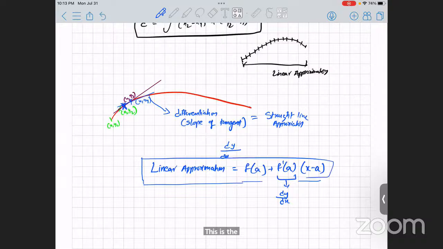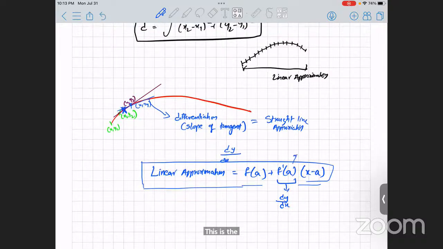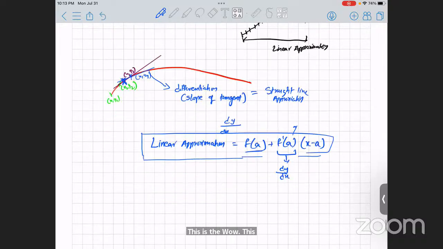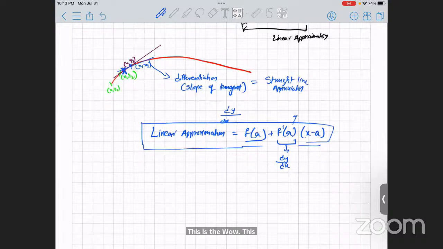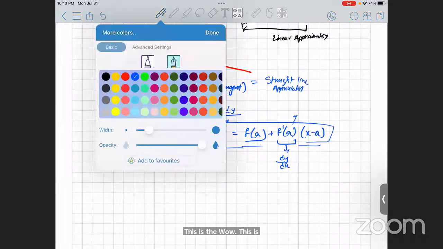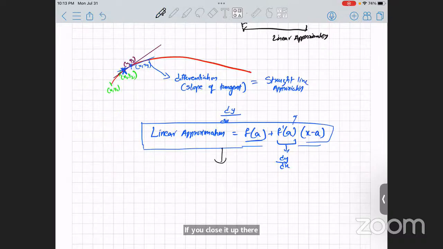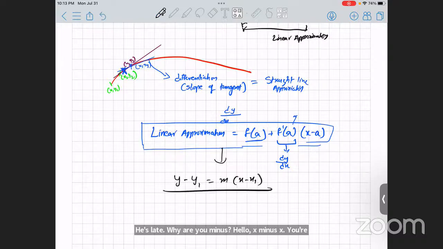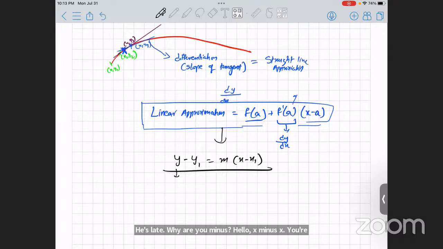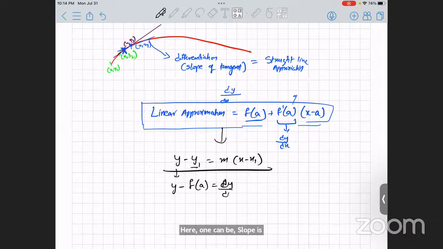This is the slope, this is the y value. If you closely observe, it is like y minus y1 equals m into x minus x1. Here y1 can be written as f of a, the slope is dy by dx, and x1 is a.